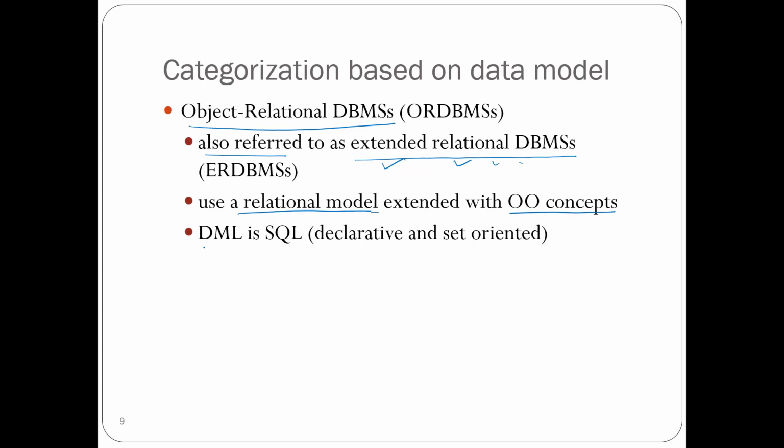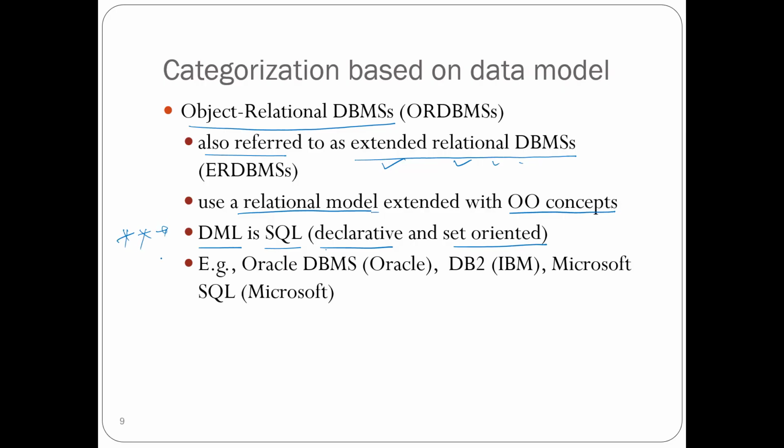So here they have the DML, which is SQL, and SQL has the feature of being declarative and set oriented, which is an advantage. Okay, and if you're wondering what DBMS are in this category, Oracle DBMS provides support for object-oriented concepts as well.